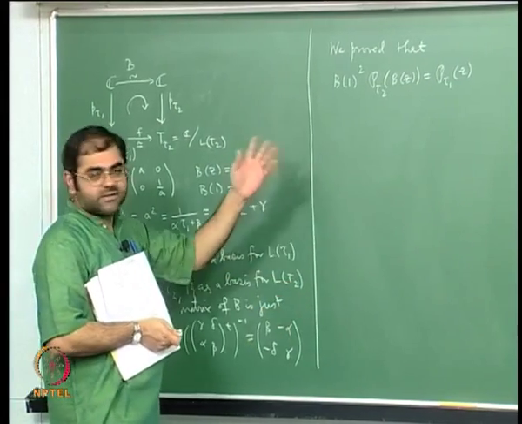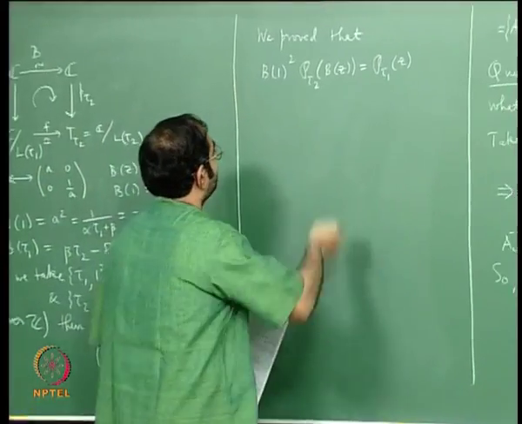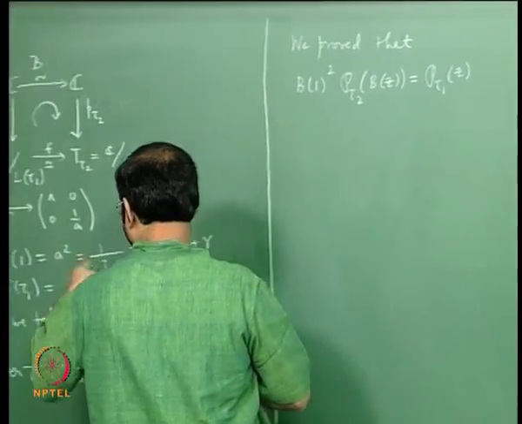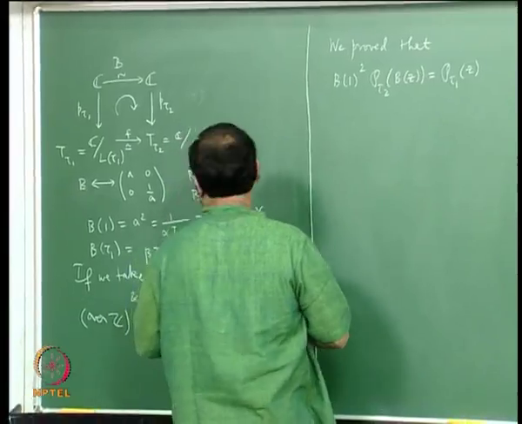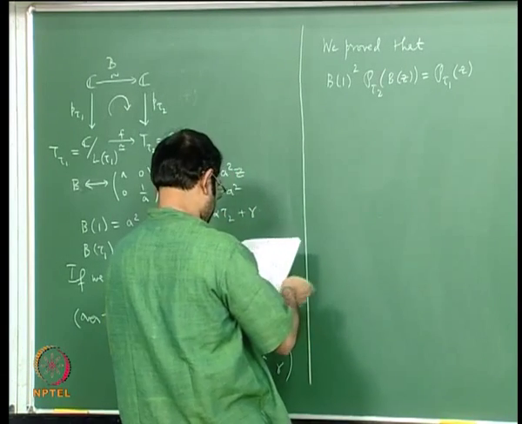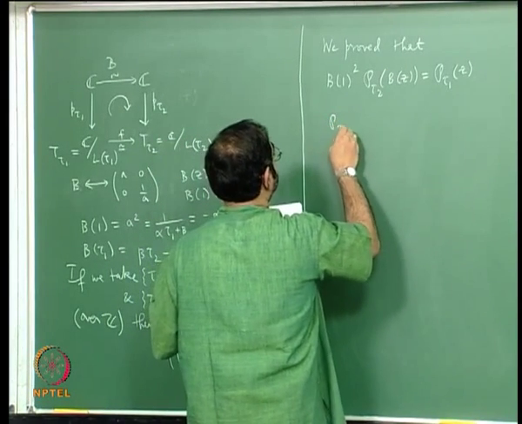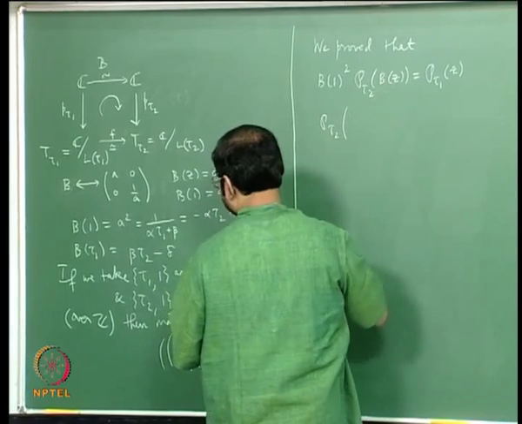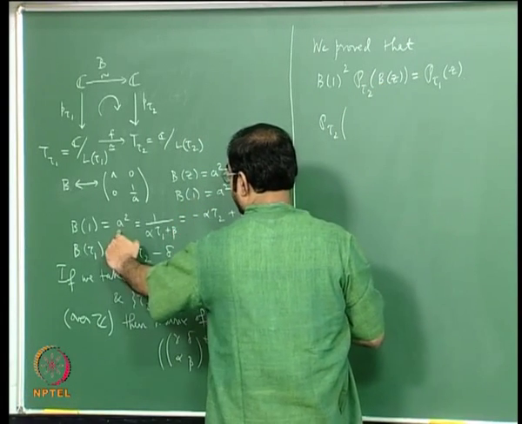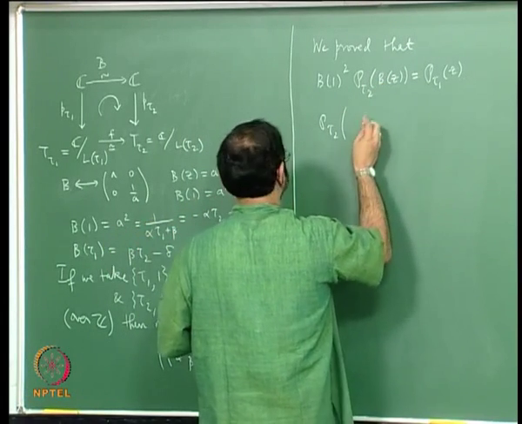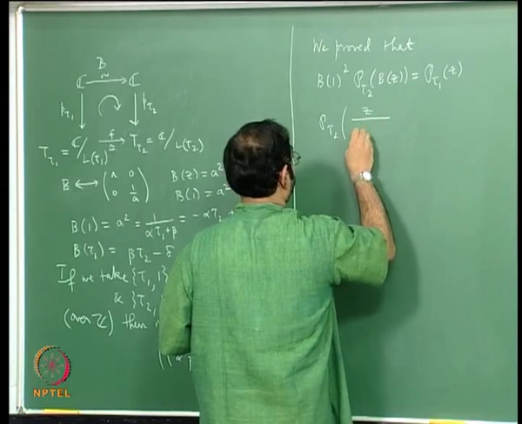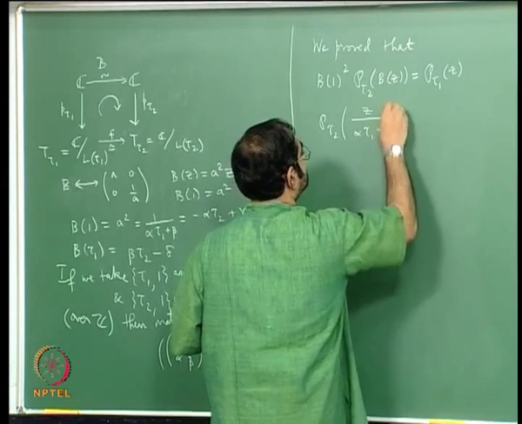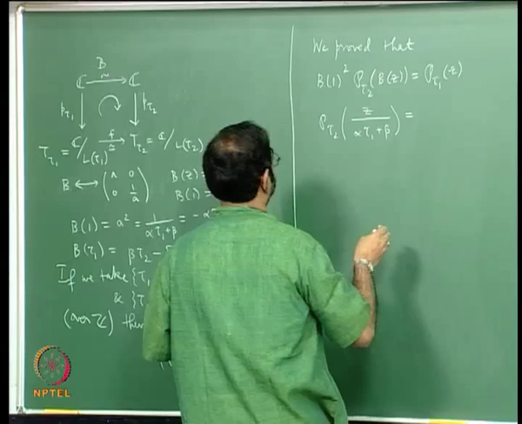Let us write it out in terms of these alpha, beta, gamma, deltas. p tau 2 of Bz is z times B of 1, and B of 1 is a.